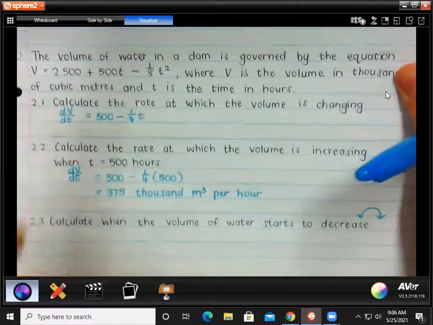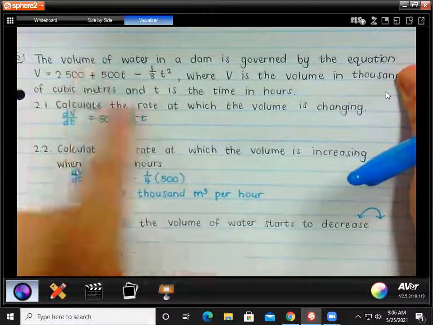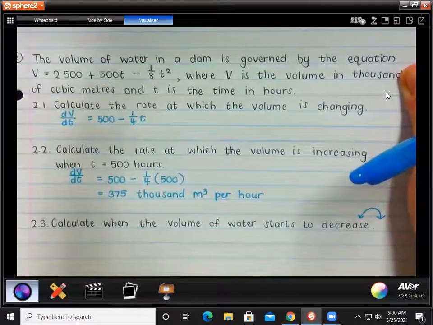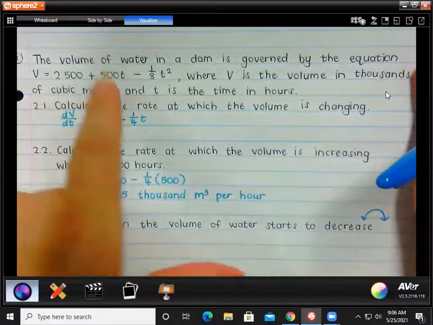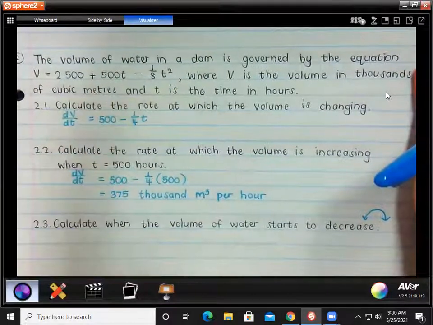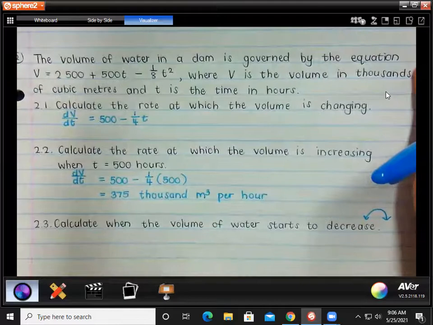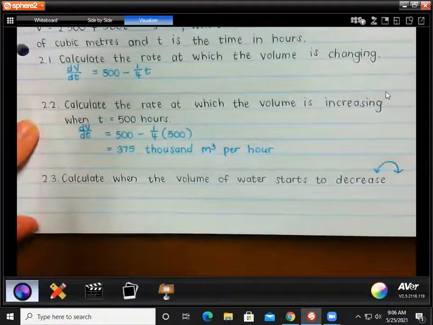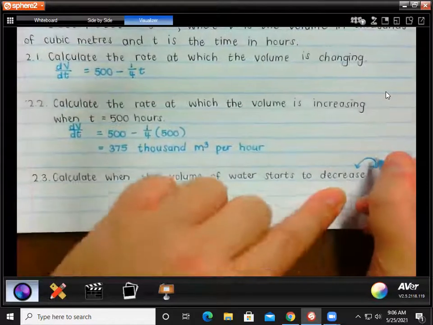But guys, it does come from the fact that this is represented by a parabola. I'm not sure if all water dams will have a volume that could be represented by this kind of formula, but it depends on the formula that they're giving us. So let me just write a little note here.